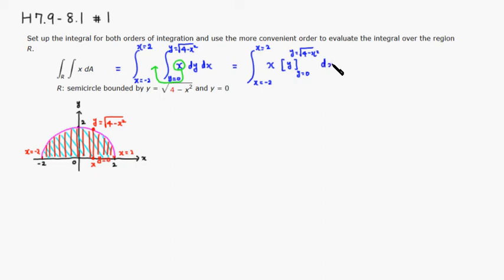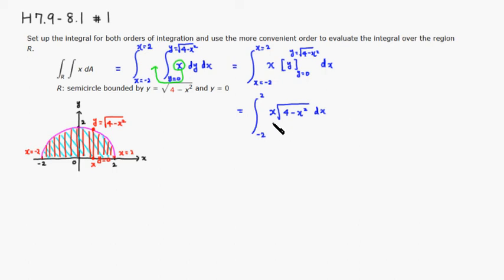Then with respect to x. So this is the integral from negative 2 to positive 2. If you plug in square root of 4 minus x squared and subtract 0, you're just going to get x times the square root of 4 minus x squared dx.